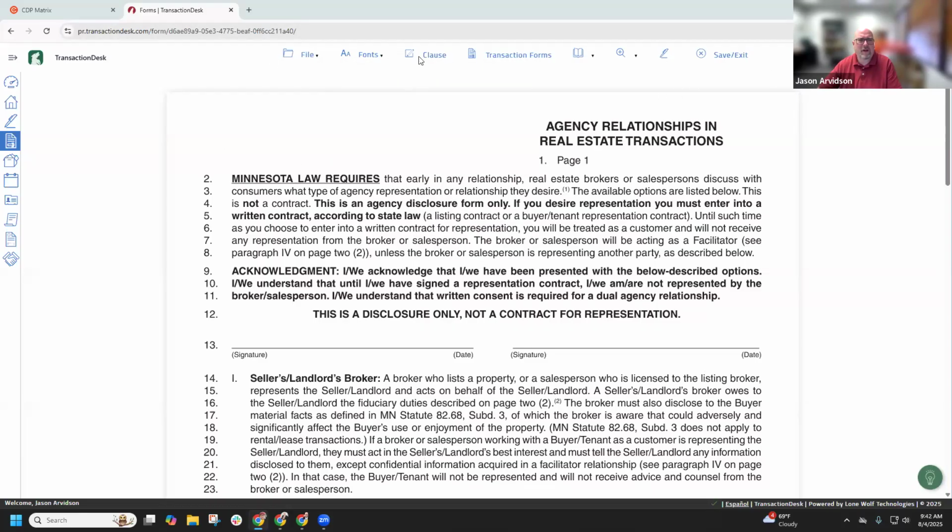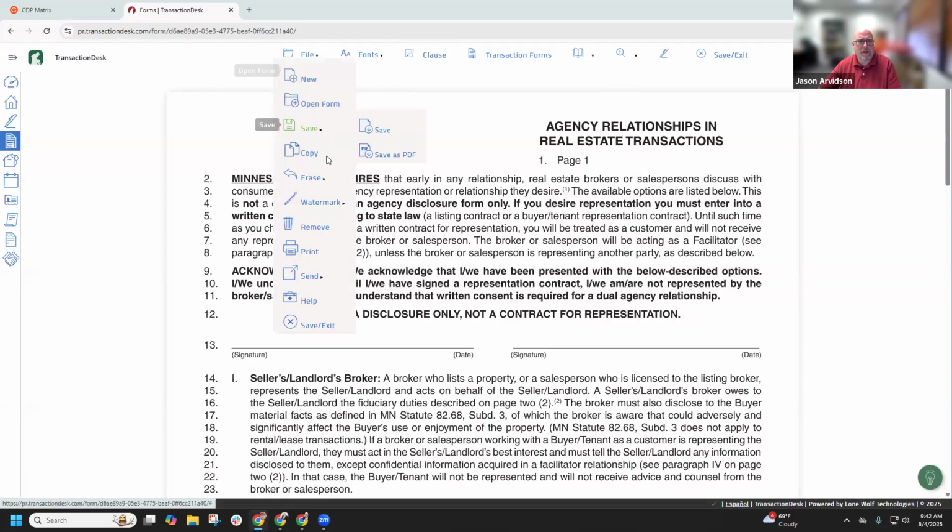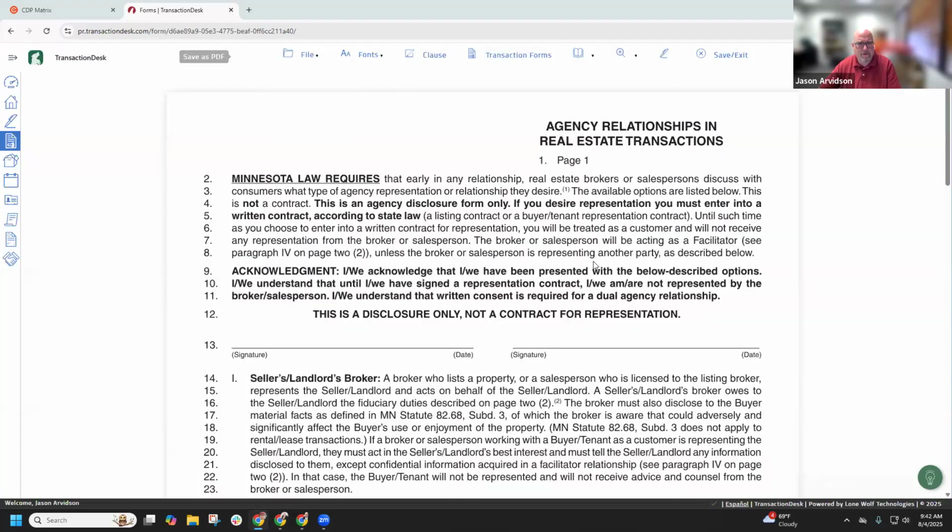One thing you can do, and I'm just going to go over this relatively quickly, is take this form and save it as a PDF. It gets downloaded right there into my computer.